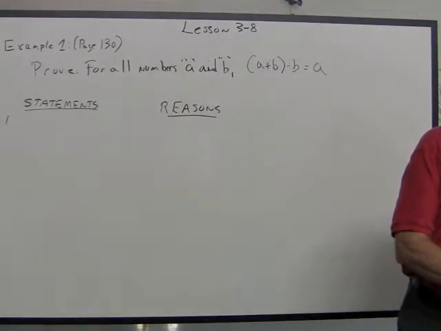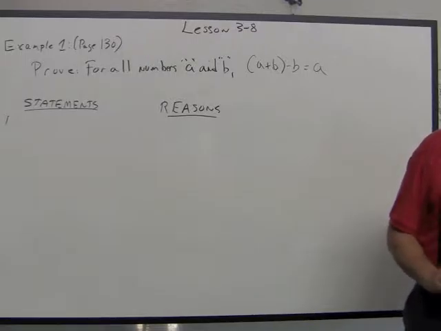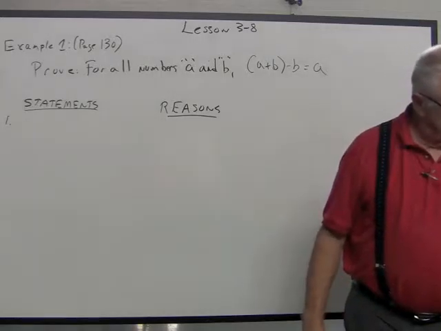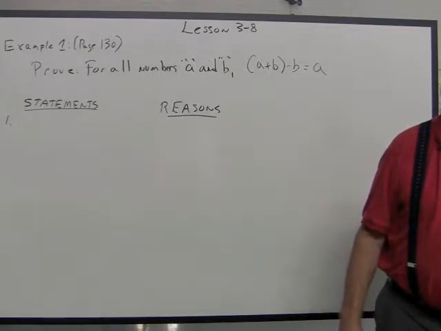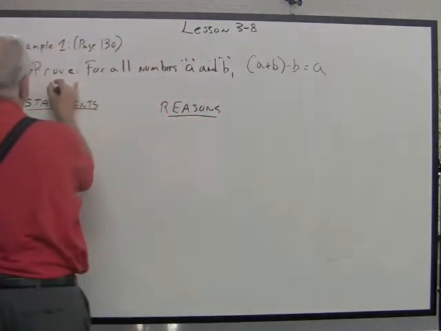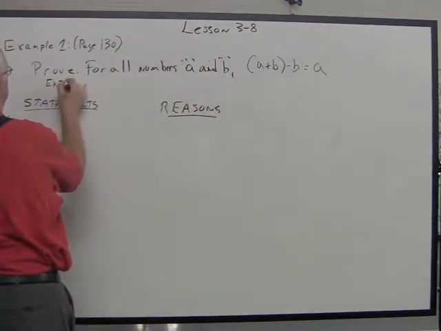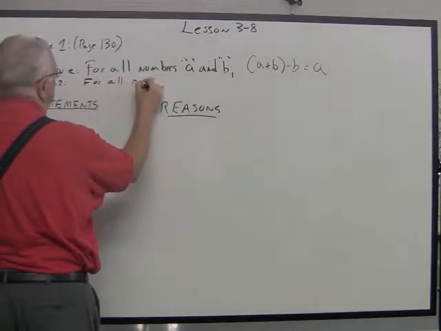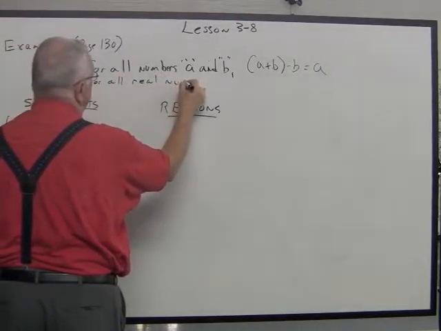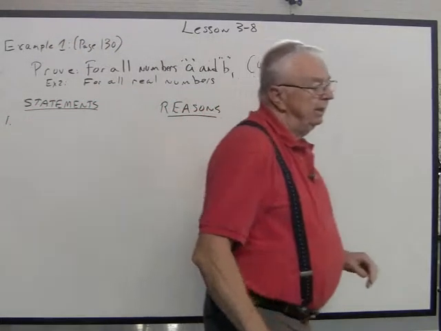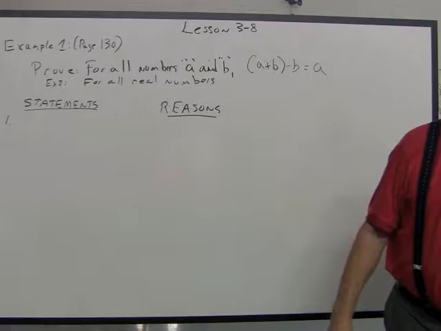If we look at example 2, you'll see it says for all real numbers a and b. That's different from example 1, where it just says for all numbers.